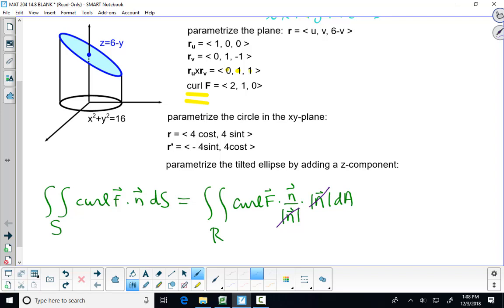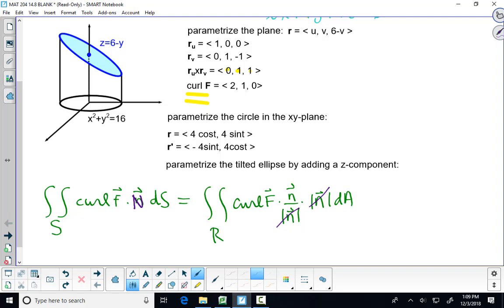So our evaluation just turns into curl dot n, but this is a little misleading, I think, because it'd be better to write this as a capital N, and then it would be curl dot small n dA. So it's the length of n's that are canceling when we do our conversion from dS to dA. And many calculus books use capital N to designate a unit normal, capital T to designate a unit tangent. This book doesn't do it in this particular case, which makes it a little bit confusing.